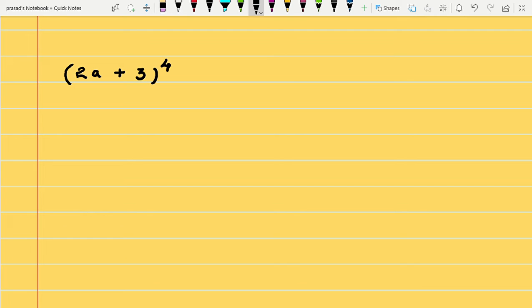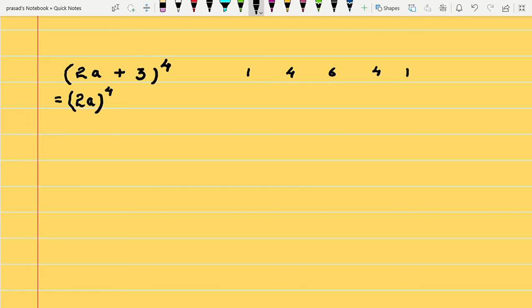So what are the coefficients from the Pascal's triangle in the expansion of a plus b to power 4? 1, 4, 6, 4, 1. So the first term 2a will have full power 4.